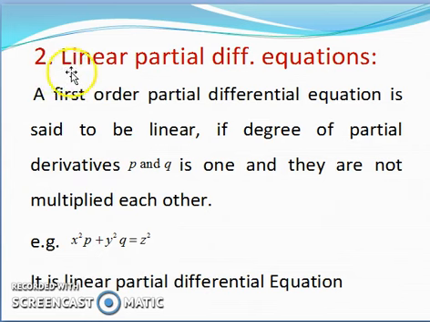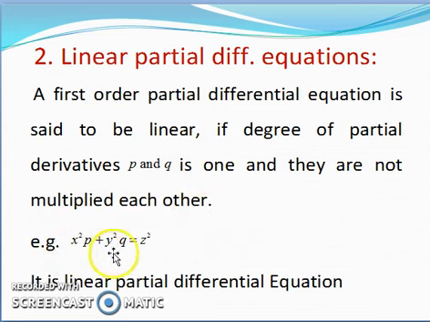Now, what is meant by linear partial differential equation? A first order partial differential equation is said to be linear if degree of partial derivatives p and q is 1 and they are not multiplied with each other.